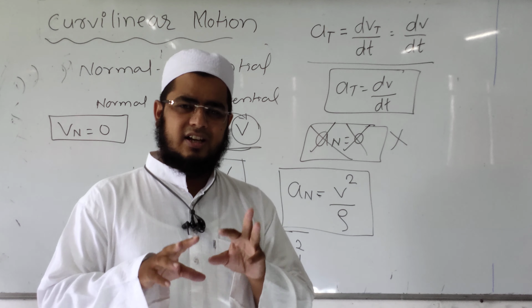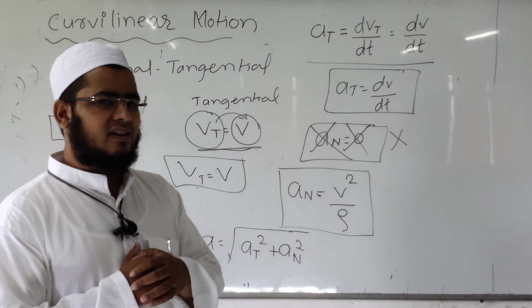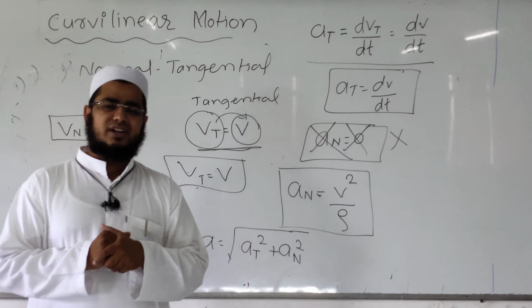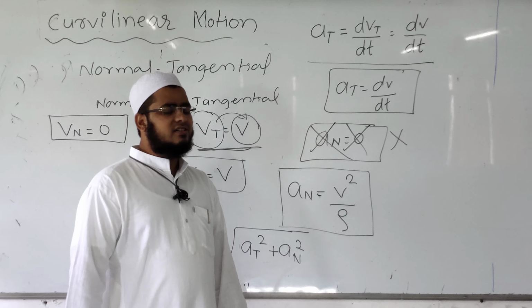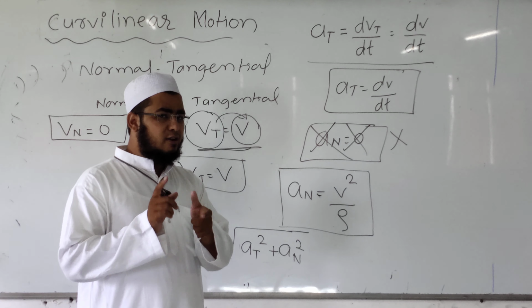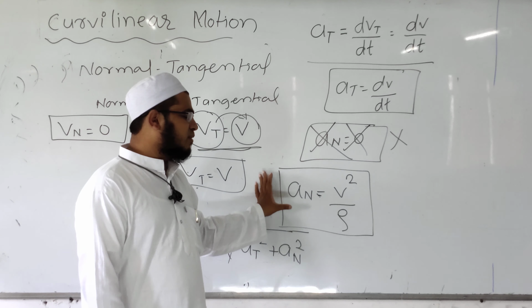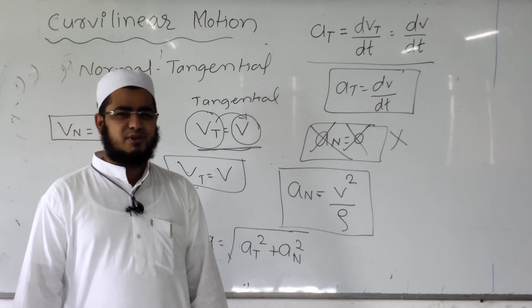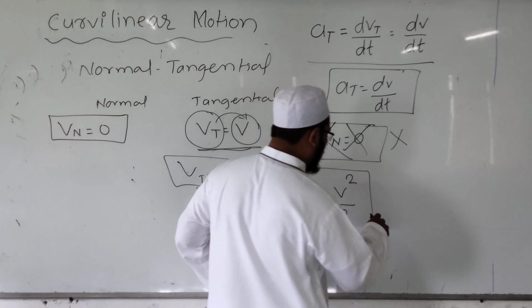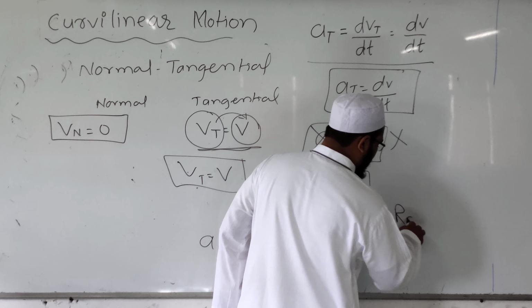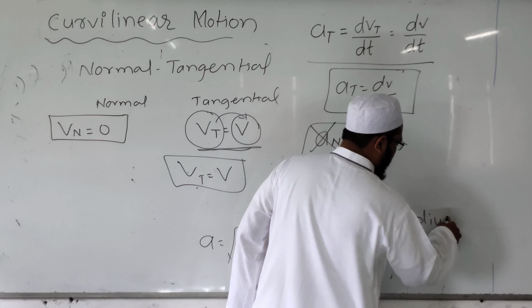All are interrelated with the horizontal component and vertical component. But when the radius is required, or we have to use the value of the radius, then you can use the formula an equal to v square by rho, where rho is the radius of curvature.